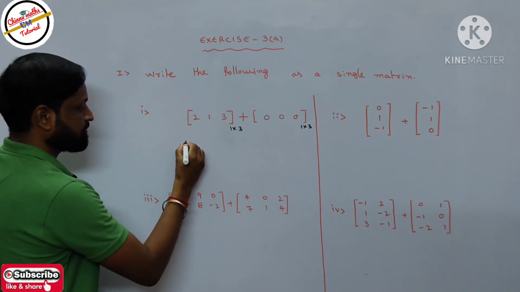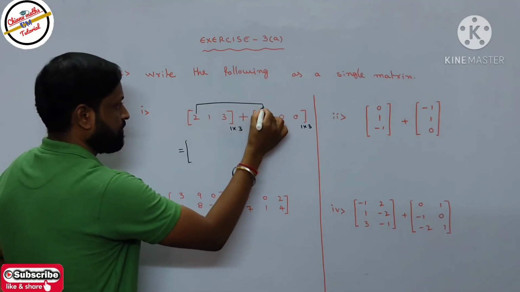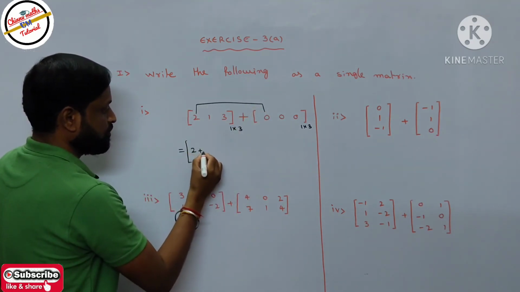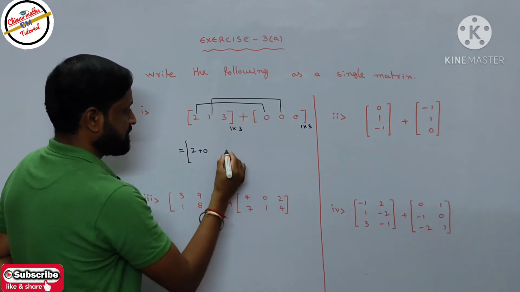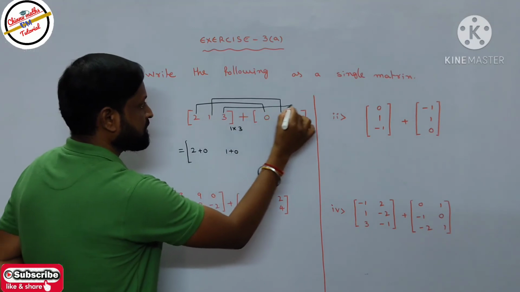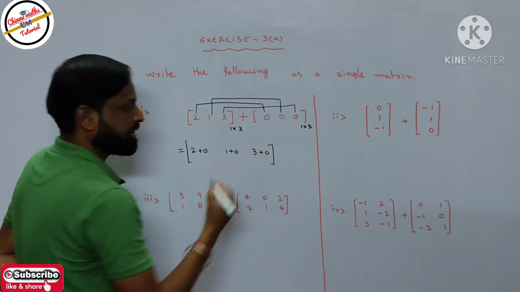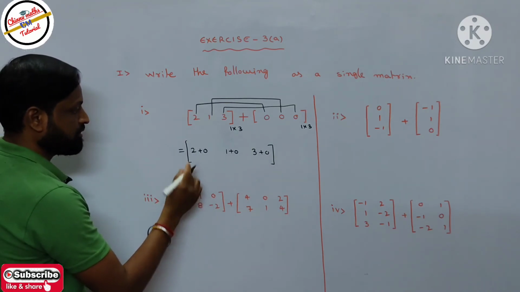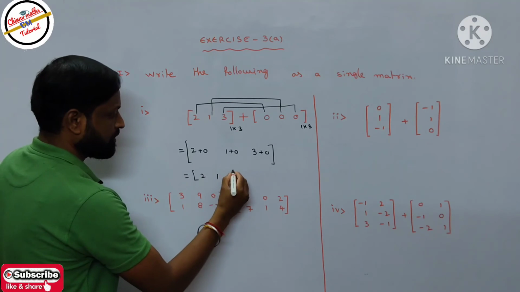It is equivalent to adding the corresponding elements: 2 plus 0, 1 plus 0, and the third one 3 plus 0. So 2 plus 0 means 2, then 1, then 3.